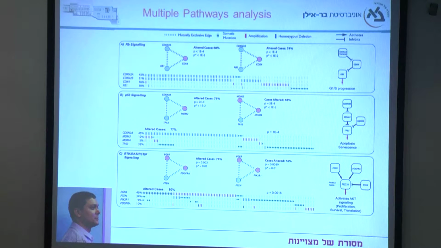So if you have the cell cycle regulating pathway that is centered around the RB and E2F, then what you can see is that approximately 4 genes are always, one or the other of them will have a mutation in a glioblastoma case.